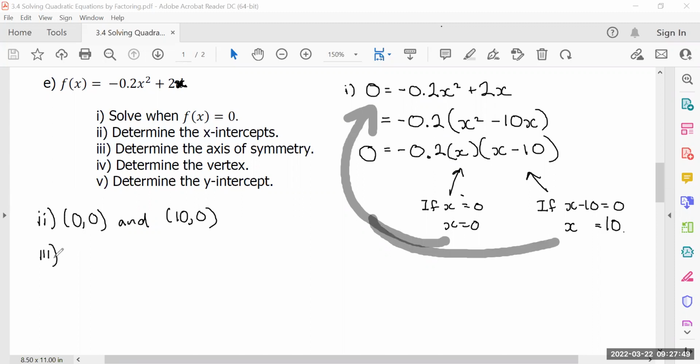Okay, so let's visualize, if you will. I have a 0 and a 10, sort of like our Desmos assignment. What's my axis of symmetry? I go up, I go down, 0, 10.